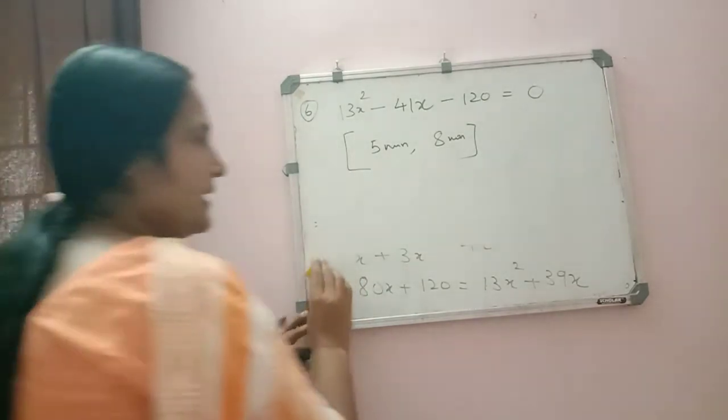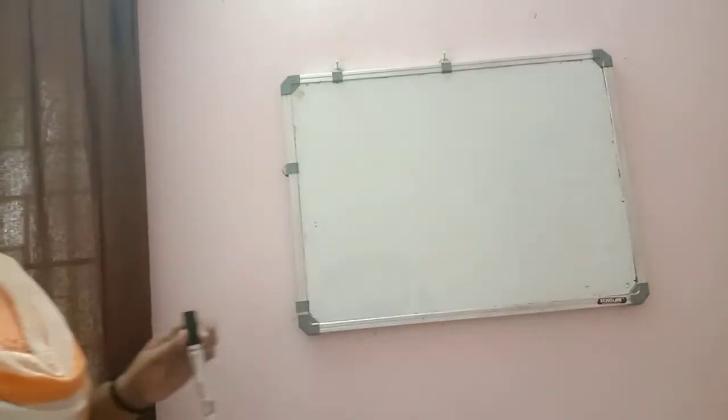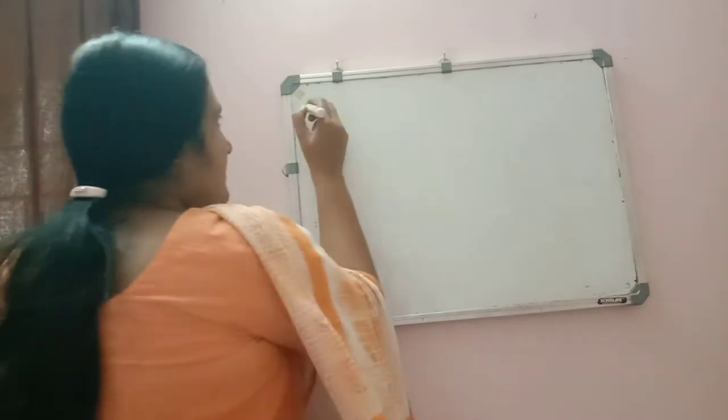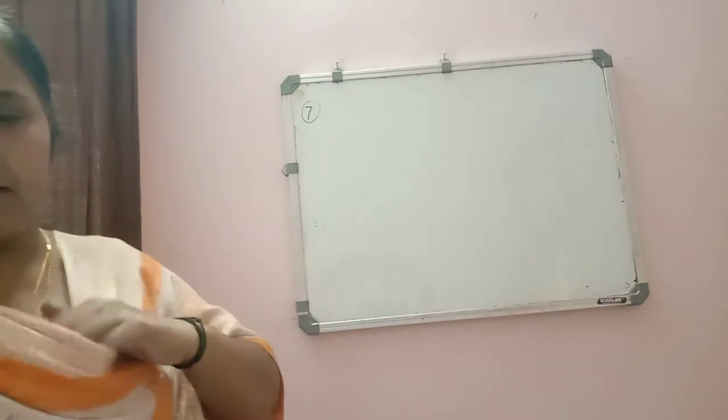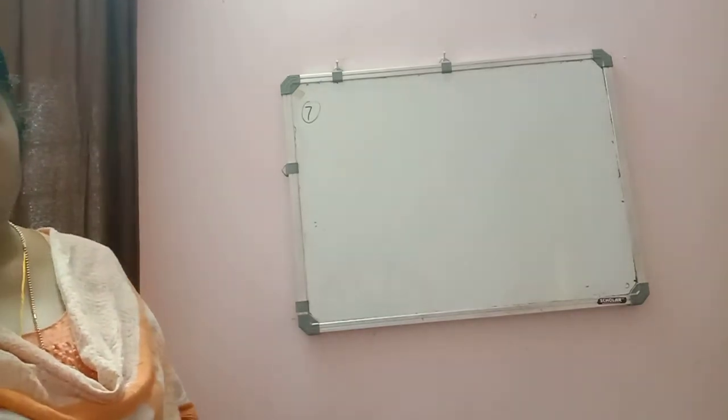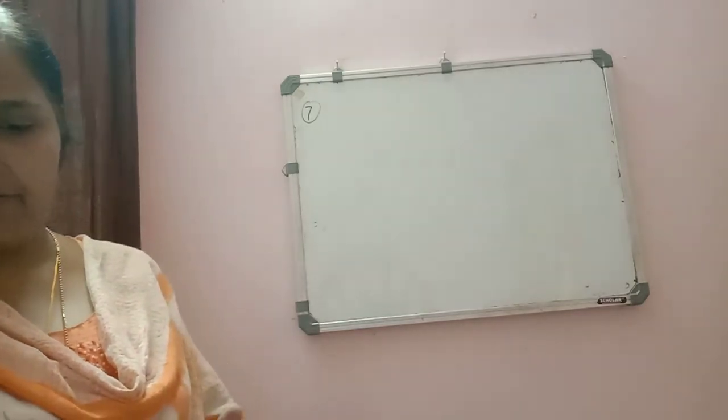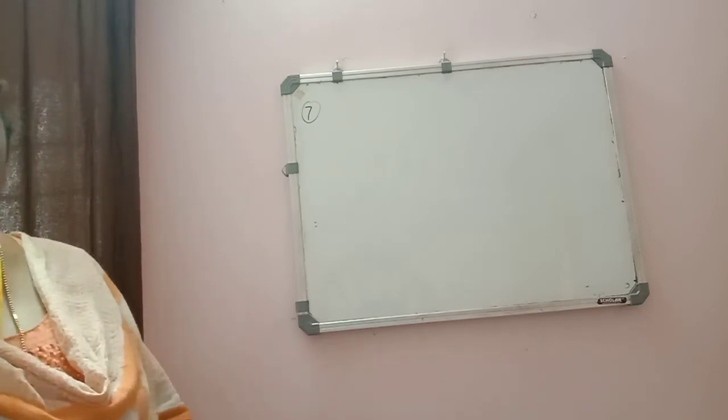Now moving on to the next question. Question number 7. Two pipes running together can fill a tank in 11 1 by 9 minutes. If one pipe takes 5 minutes more than the other to fill, find the time in which the tank will be filled.